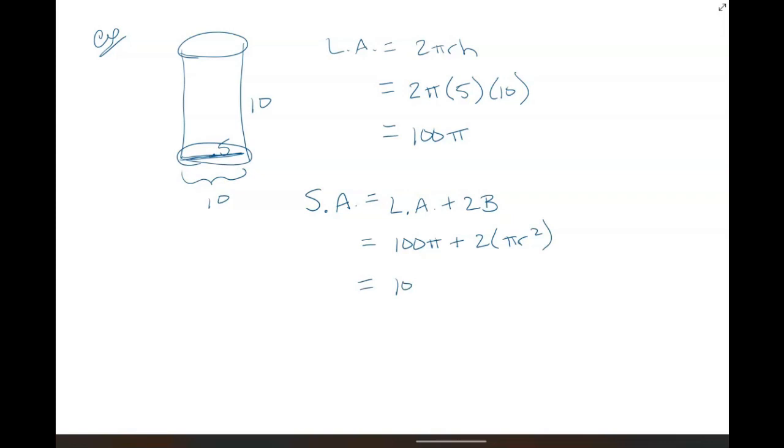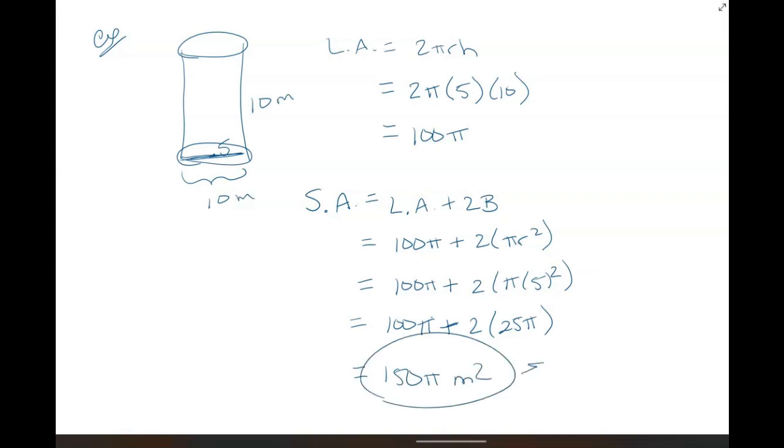So if we plug in, plus 2 pi, and then my radius was 5 squared. Then I'm going to get 100 pi plus 25 pi, and that's going to give me 150 pi meters squared.